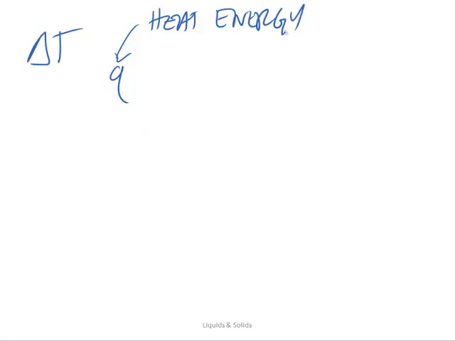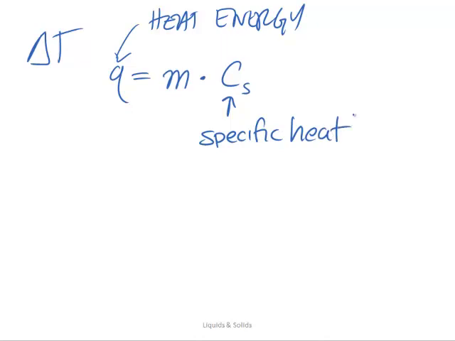So when you want to change the temperature, raise or lower, you're going to use the equation Q, which is the heat energy, equals mass times the specific heat, which again is different for each phase of water, times the amount of degrees Celsius that you want to change, or the delta T.